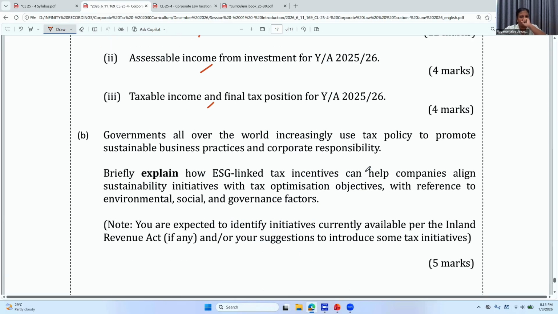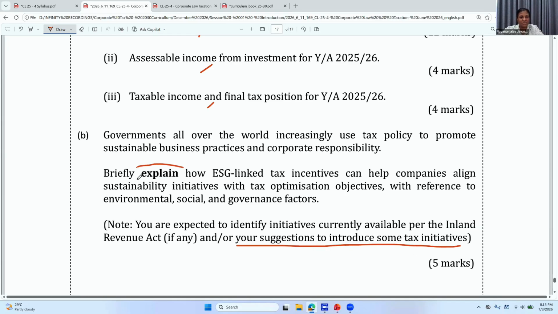And then the ESG part is for 5 marks. You can give your suggestions. Under the ESG framework, for the environment, maybe for the social, maybe for the governance, if you have suggestions, then you can write.